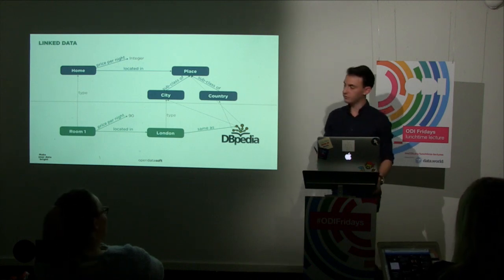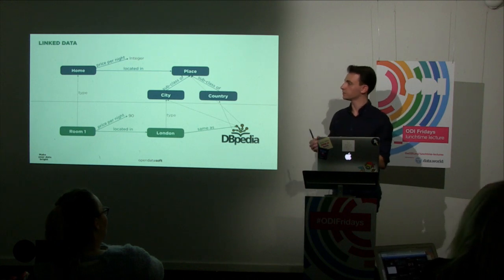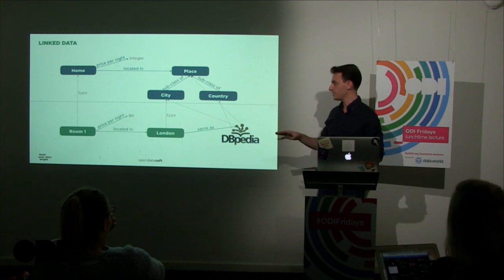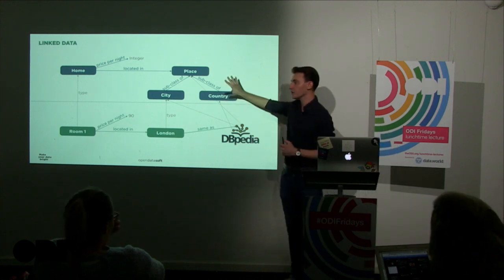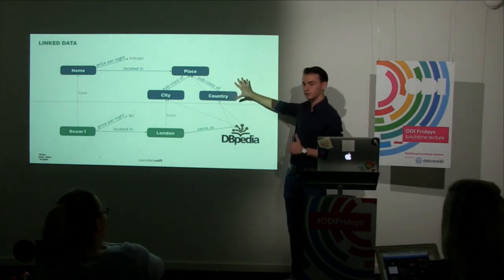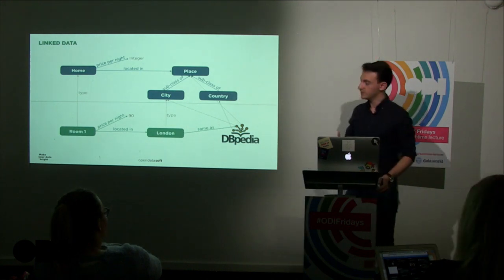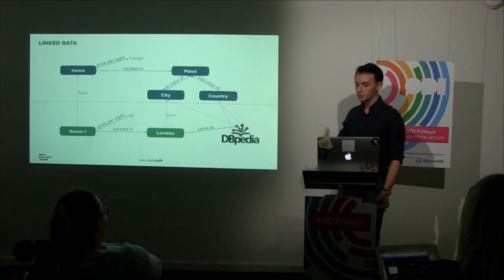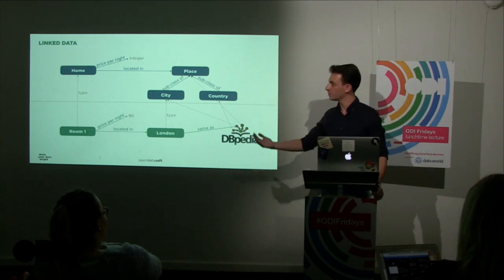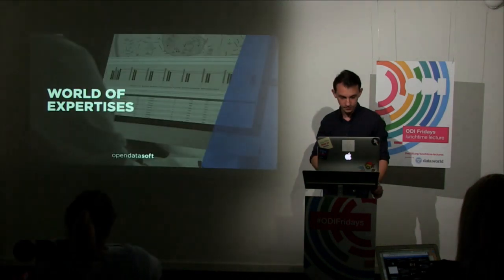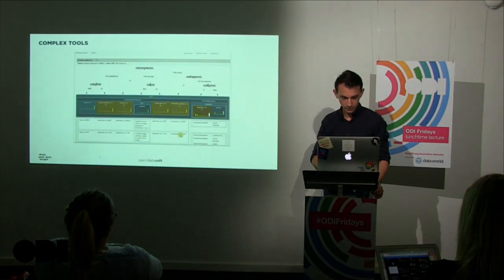So you need to create this resource, create this URI. And you also need to create its vocabulary because it won't exist. When you have created these vocabularies, you should publish them online.